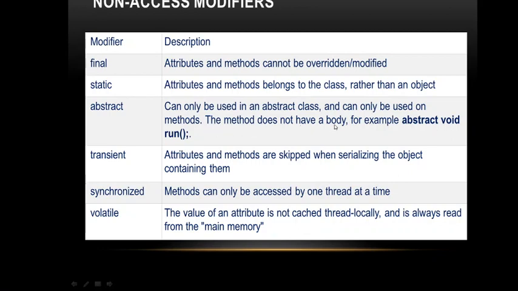The method doesn't have a body. For example, abstract void run. So this way, if we write only the declaration of a method, that method will be considered an abstract method. Then transient is very rarely used. Synchronized and volatile are also very rarely used. Mainly static and abstract, these two non-access modifiers, are used frequently.